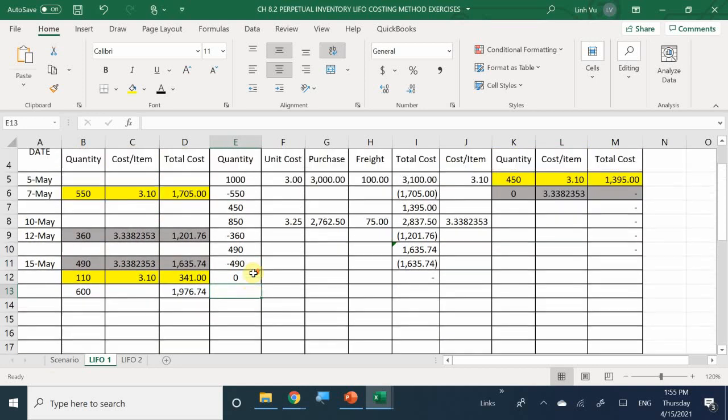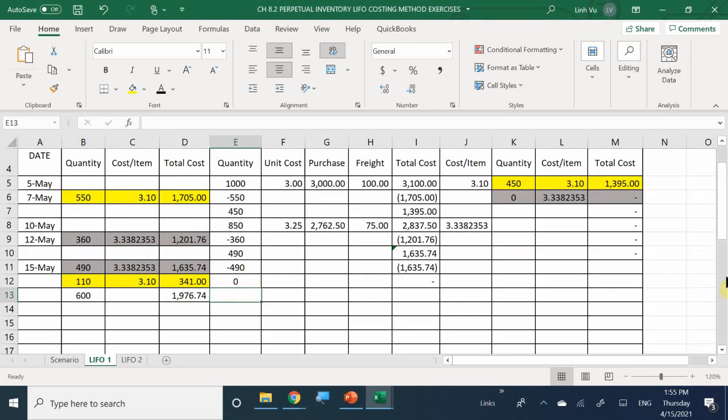Okay, so it's up to you what you want to do here. You could just subtract it out, or let me just grab the information from above. So here, we started with 450 minus my 110, and we should have 340. Same thing here.